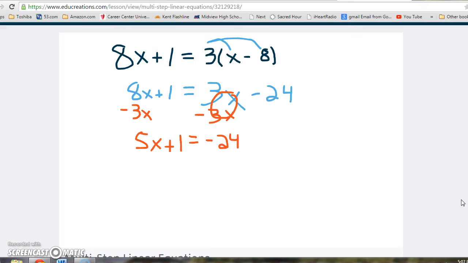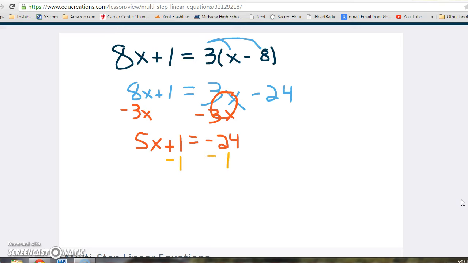So, now that I've combined the variables together, I need to combine my constants together. Since x is on the left side, I know my constants need to be on the other side of the equal sign. So that means I have to move the 1 now to the other side of the equation.